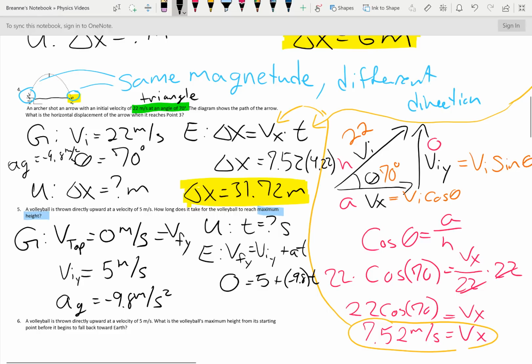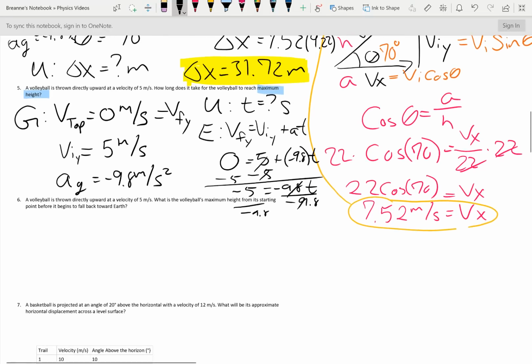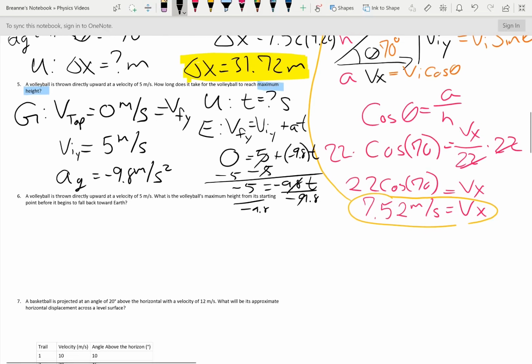Again, you can't do anything right there, so you have to bring the 5 over. So you get a -5 equals a -9.8 t. And you divide by 9.8. So your t ends up equaling -5 divided by -9.8.